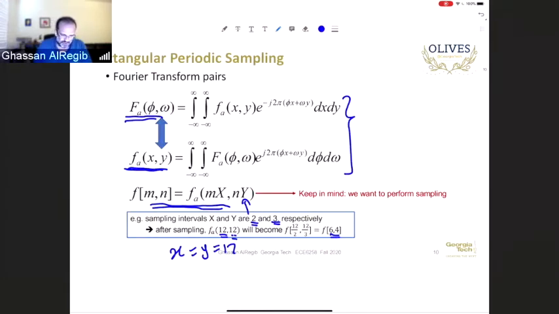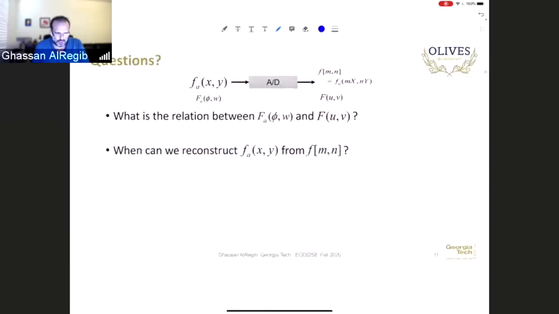But for now, all we need to focus on is just the convention, the introduction of these terminologies, and the definitions of these sequences and their Fourier transform. So there are two questions we'd like to answer in the first 20 minutes of this lecture.